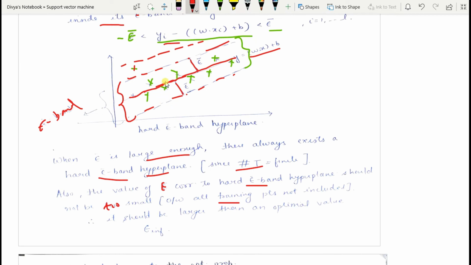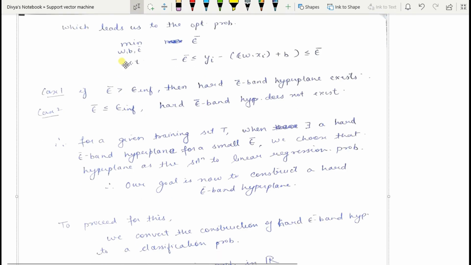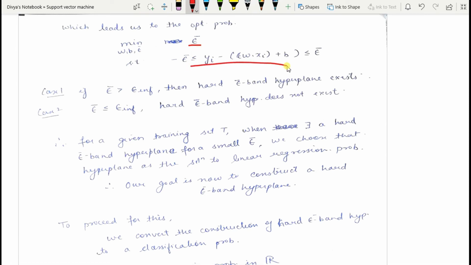It should be large enough that all the training points are included, but it should not be so large that it is overwriting our space. So there should be an optimal value of epsilon, we denote it as epsilon infimum. Our main problem now is to determine this epsilon infimum, right, which leads us to this optimization problem.